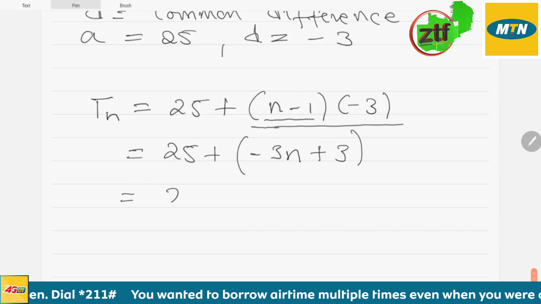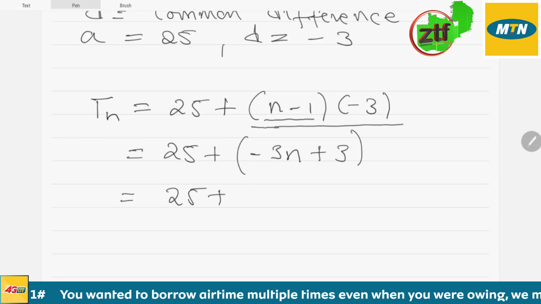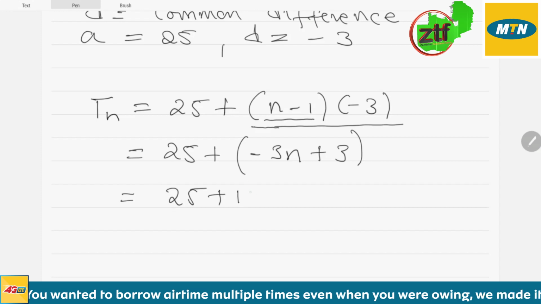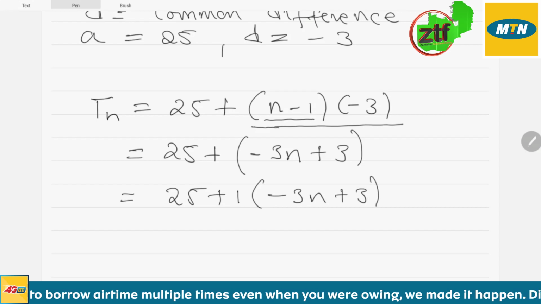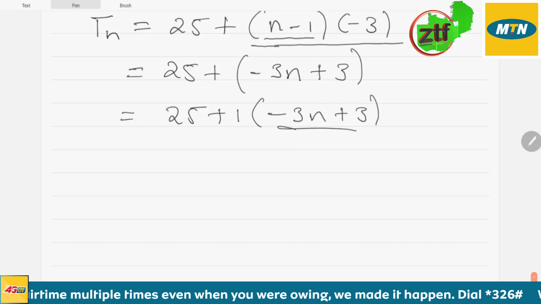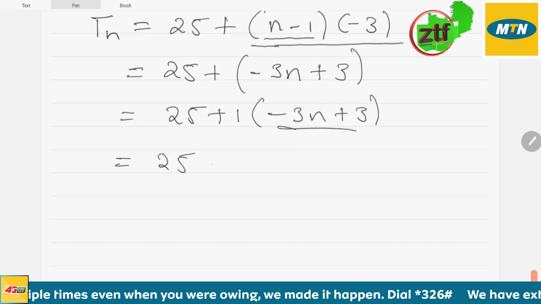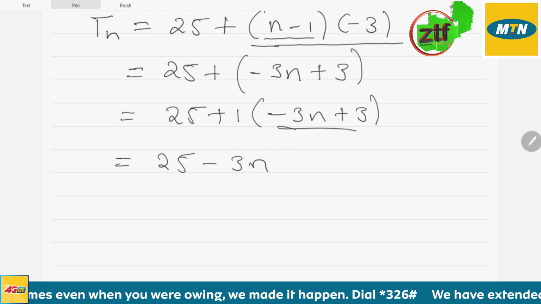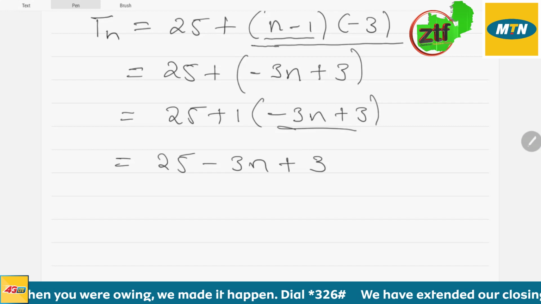So this will give us 25 plus, so there is a positive 1 outside, so we have negative 3n plus 3. Multiplying positive 1 by each term inside the bracket, we have 25. Positive 1 multiplied by minus 3n, I'll have minus 3n. And then positive 1 multiplied by positive 3, I'll get positive 3.